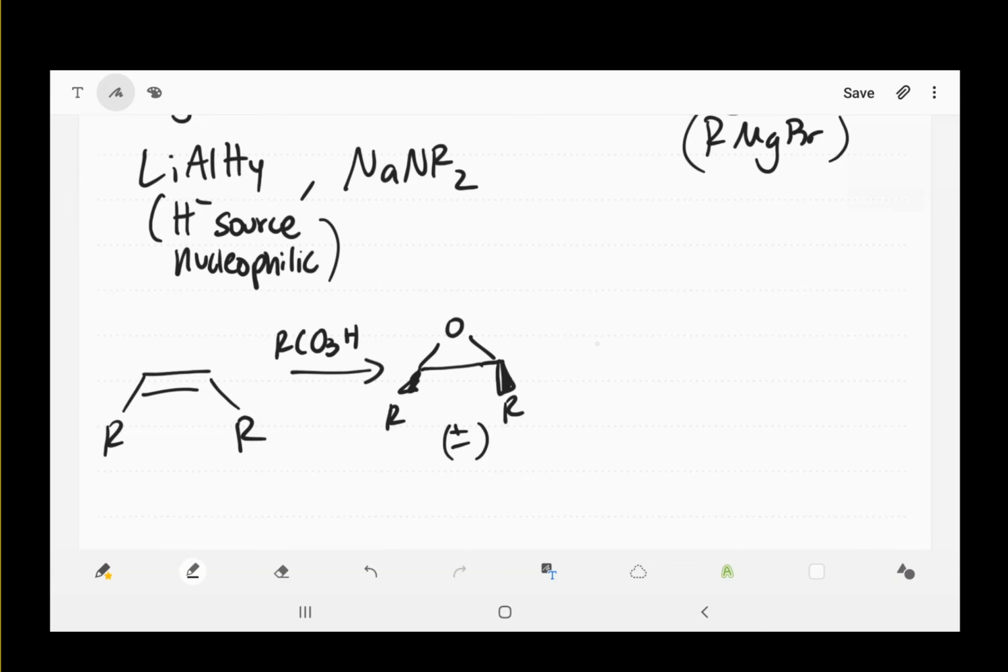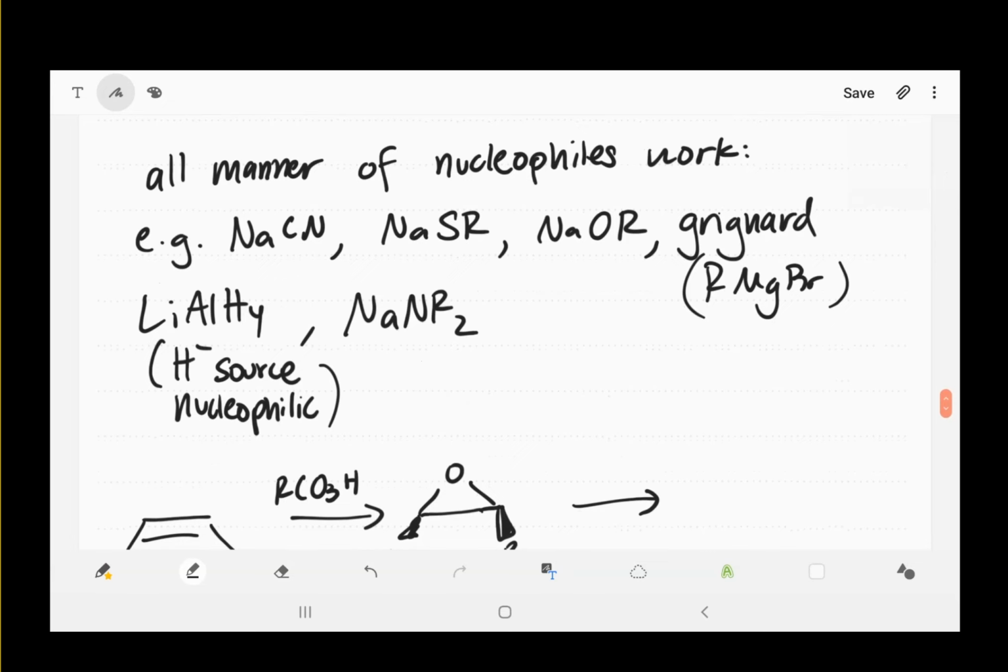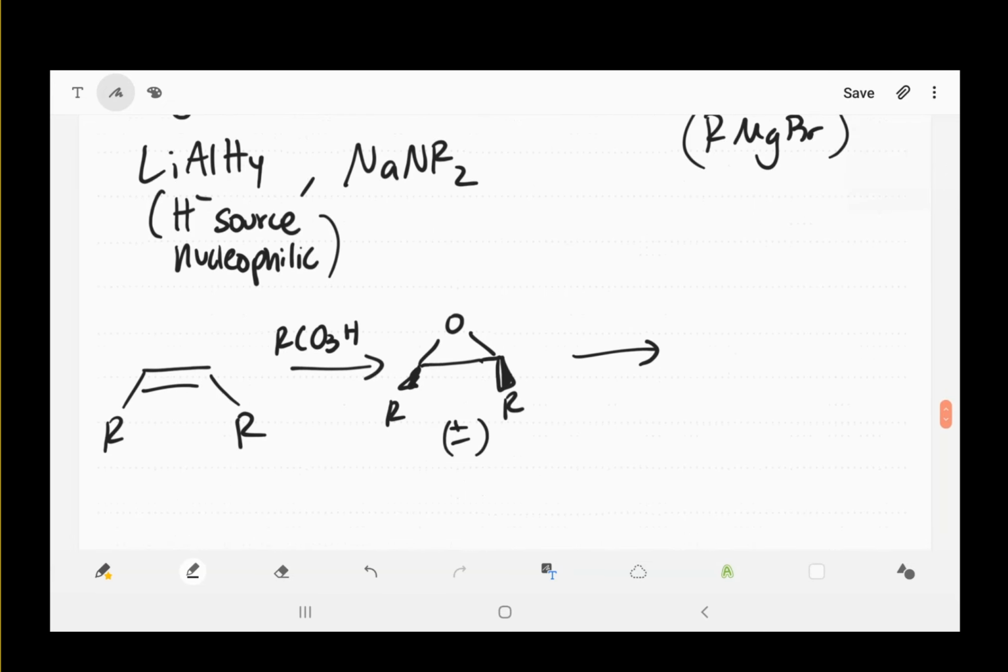And then you can say, okay, well now I'm going to put in what is our nucleophile of choice. I don't know, let's make, what do we want to hear?